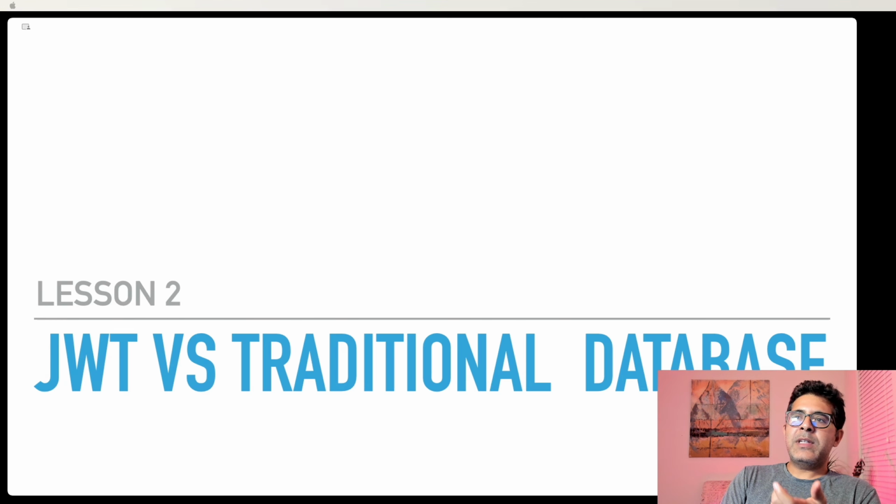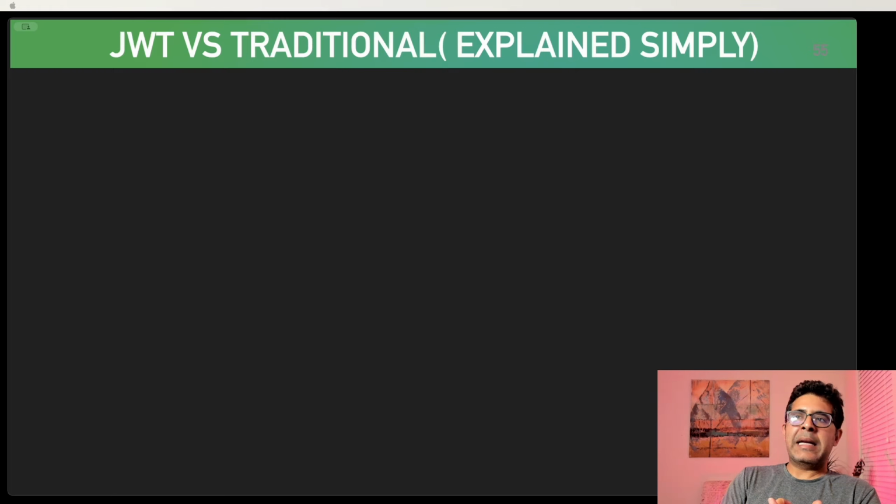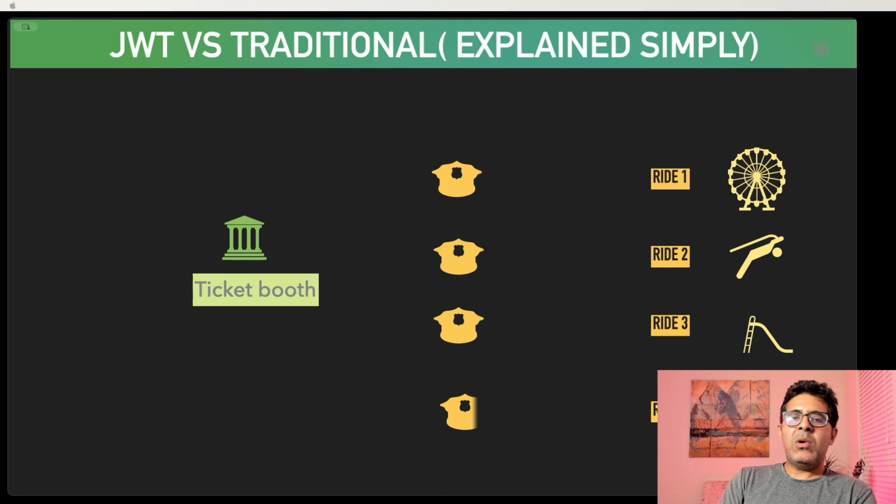So what is the difference between JWT and the traditional database approach? Let's understand this with a simple example. Imagine you have a county fair in your city, and you have a ticket booth, and you have a lot of security officers, and you are very fond of rides. So you come and buy a ticket from the ticket booth.